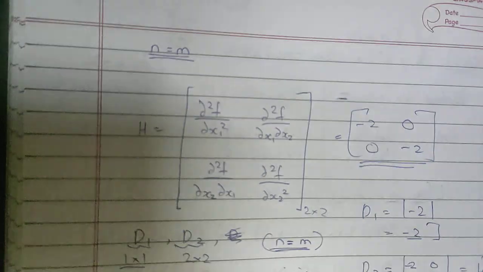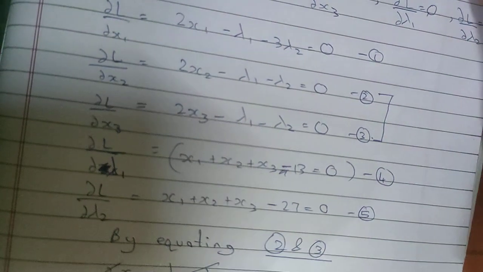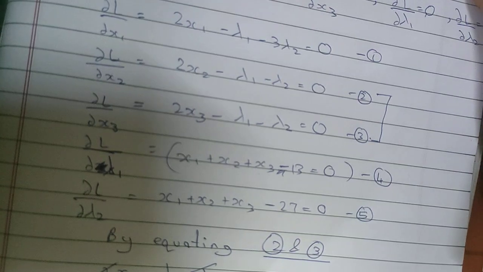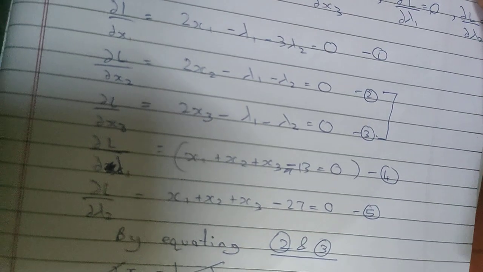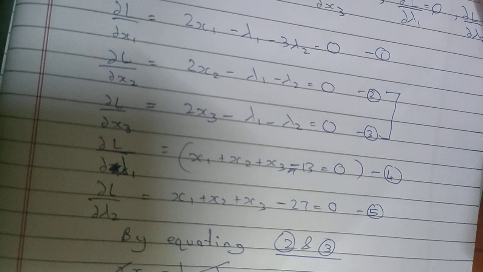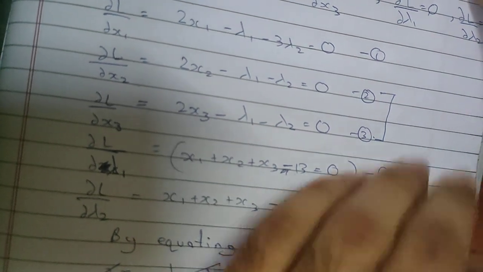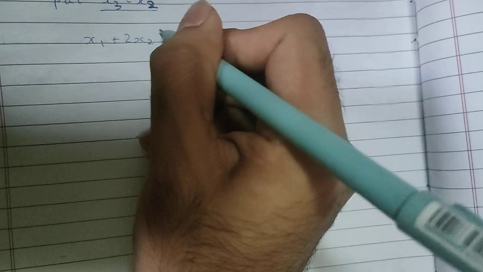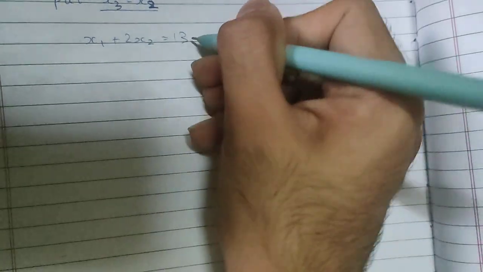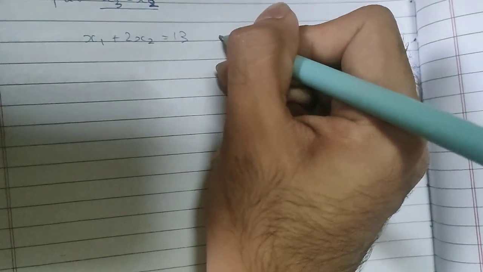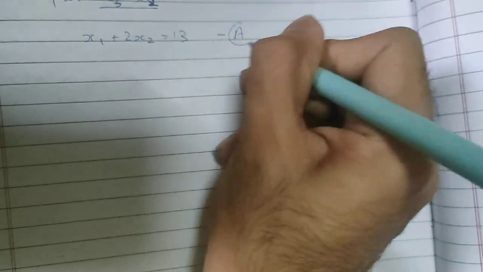So I'll put x3 equal to x2. If you put it in this one, we'll get x1 plus 2x2 minus 13 equal to 0. So we'll get x1 plus 2x2 equal to plus 13, shifting it to the other side. And this is a new equation, take it as a.